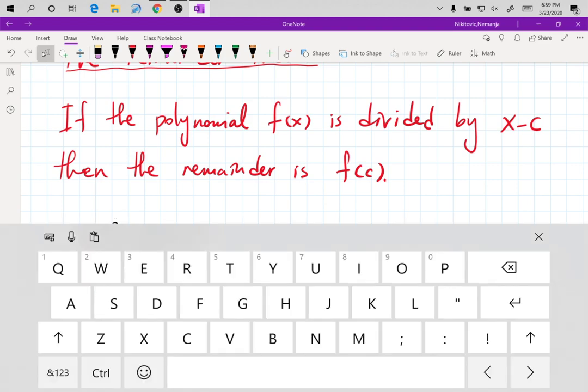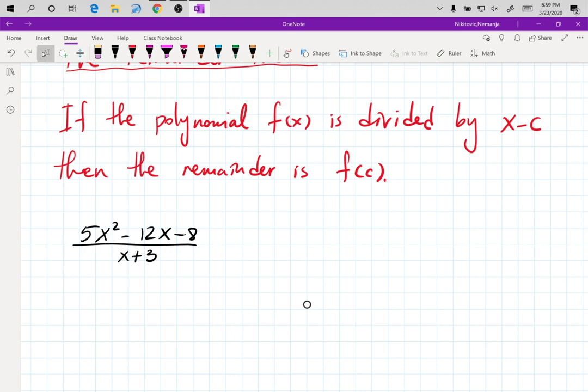And from here, we determine that your x minus c is x plus 3, so c is negative 3. That's that negative 3 that ended up in a box for synthetic division. That's the c value.